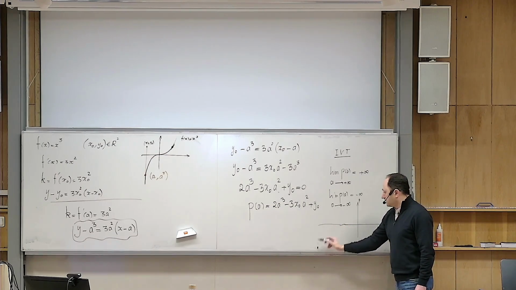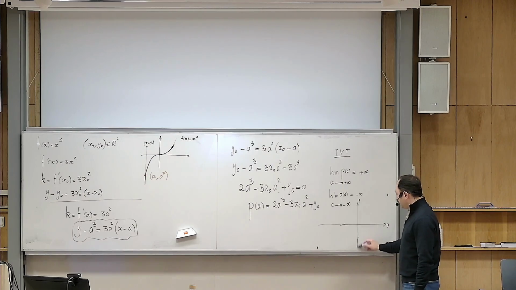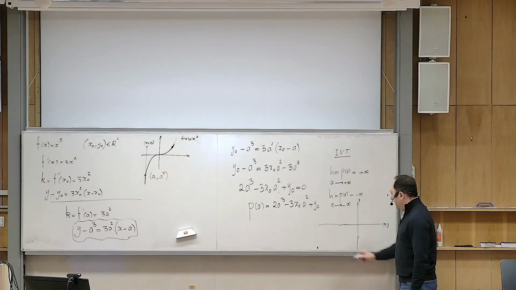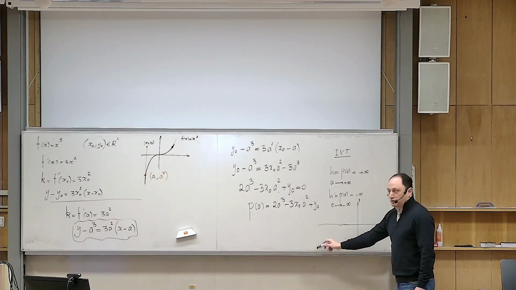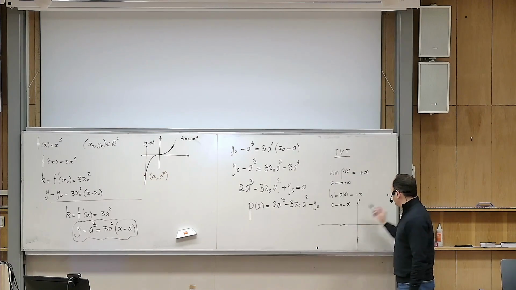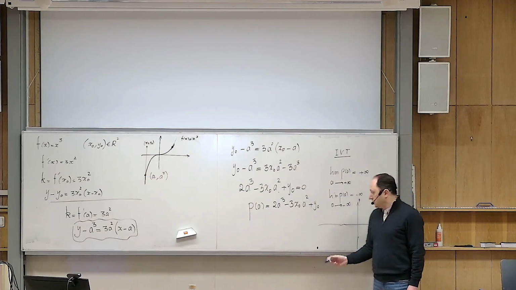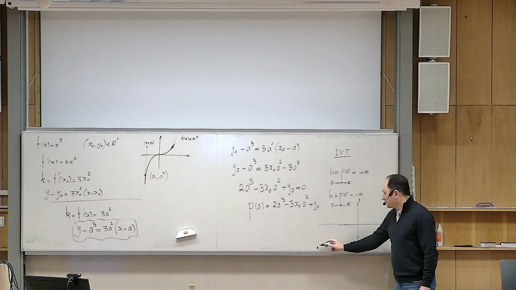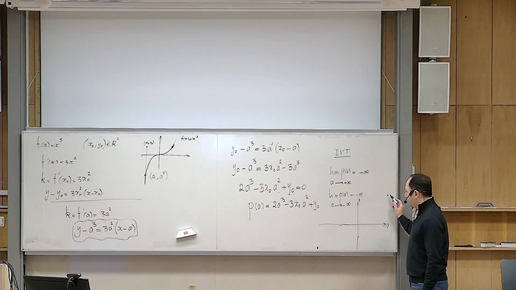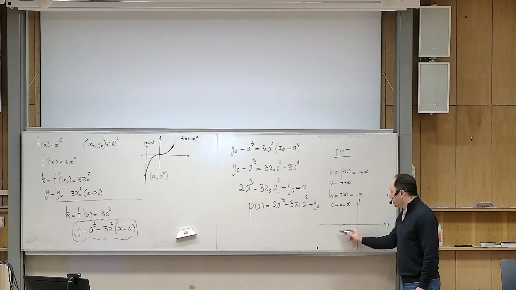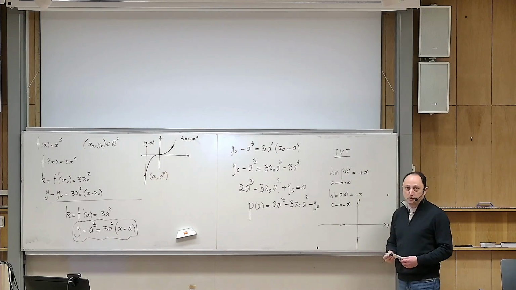So something like this, for example: down there and up there. But this polynomial function is continuous. So no matter how this function goes from here to there, it will definitely cut the x-axis at some point.